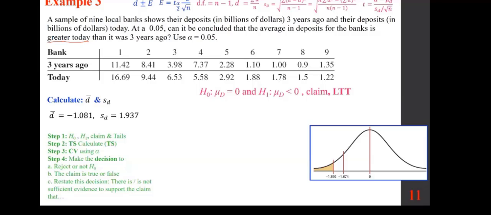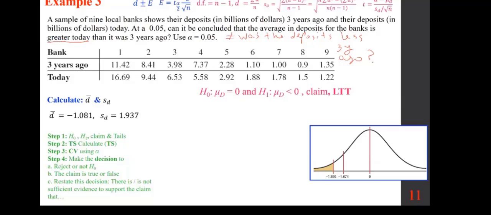So can it be concluded the average in deposits for the banks is greater today? That is equivalent to saying, were the deposits less 3 years ago? They are equivalent. And that's what we are doing, because we are subtracting the next one from the second one. So it's 11.42 minus 16.69. That's what we are using.